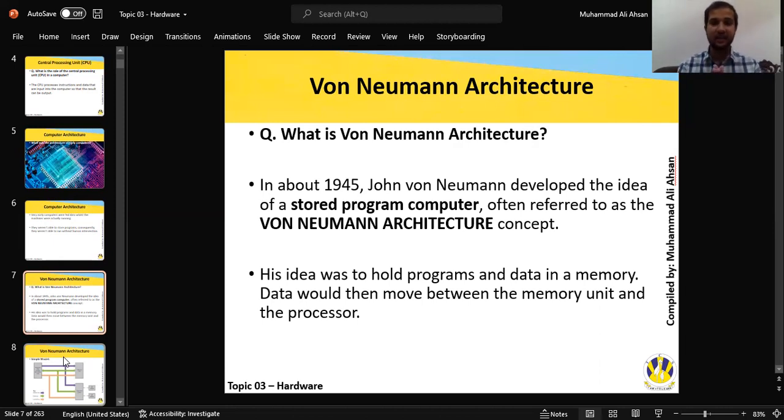So we can say that John von Neumann gave the concept of computer architecture, a stored program computer. And so on his name, this architecture has been named as von Neumann architecture.